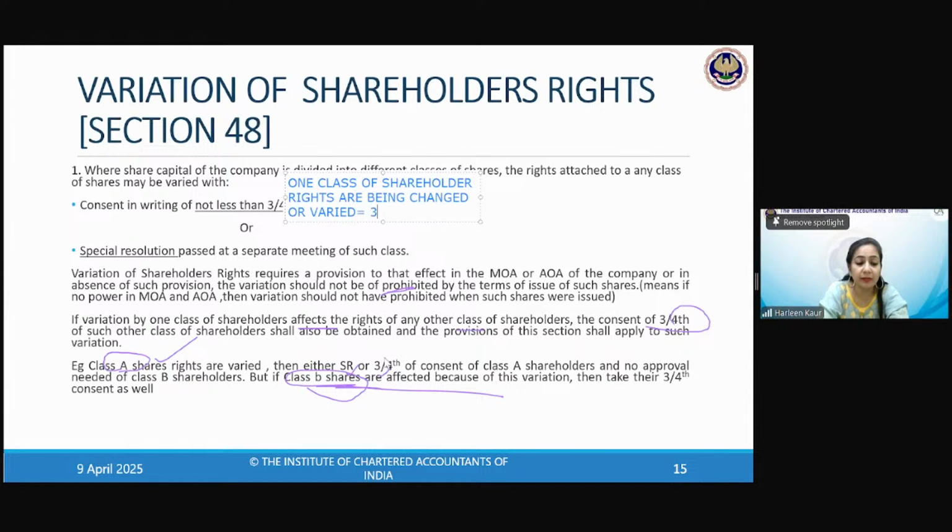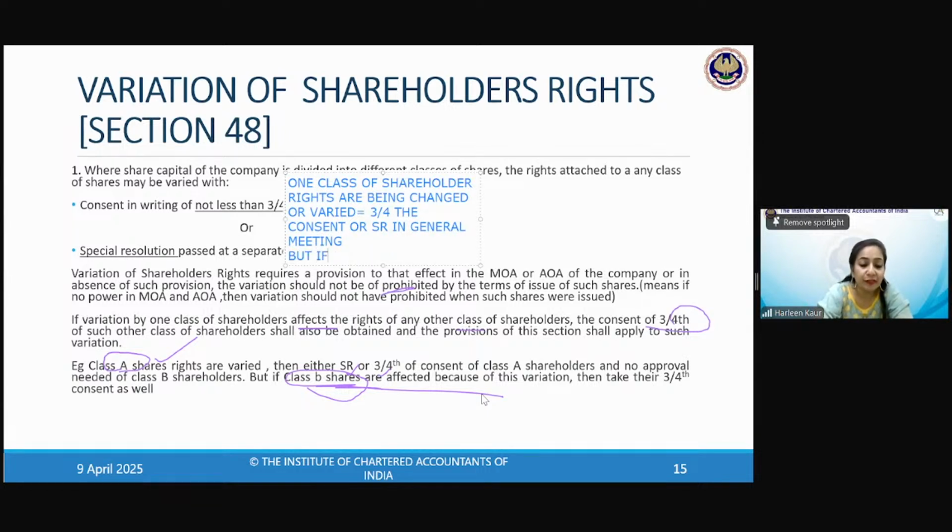Then, ma'am, either we take 3/4 of the consent of these shareholders in writing or we pass the SR in the general meeting. Children, it is fine, 75% in both the cases, I understand, but then you have to organize a general meeting and SR needs to be passed, or simply they have sent their consent, 3/4 of the shareholders have given their consent in writing, then also any of these things is happening, change their rights.